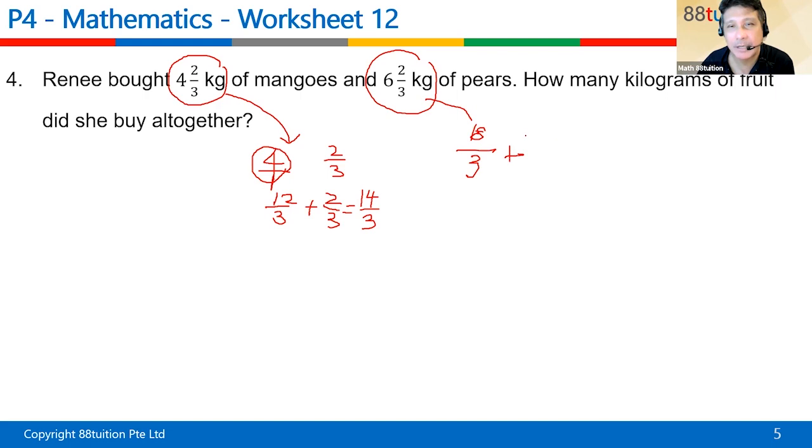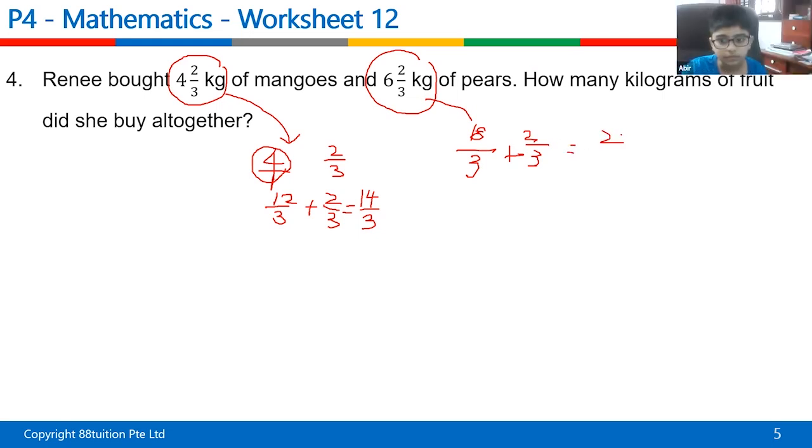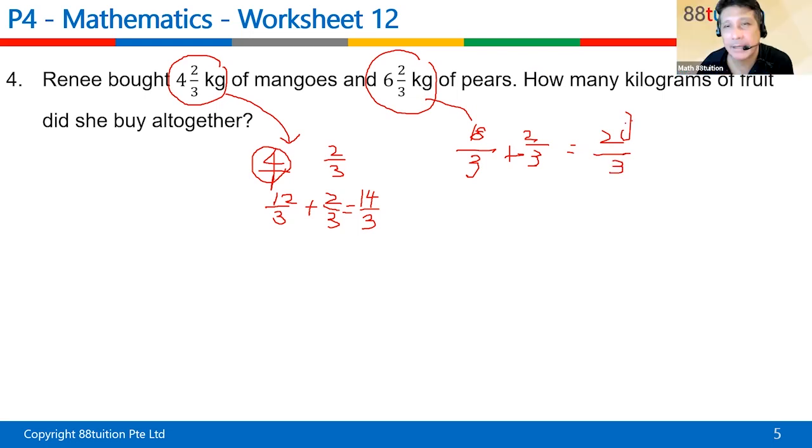Plus another 2 out of 3. Yes, 20 out of 3. Very good. Then 14 out of 3 plus 20 out of 3. We want to combine this together. Your 14 and your 20 add together.